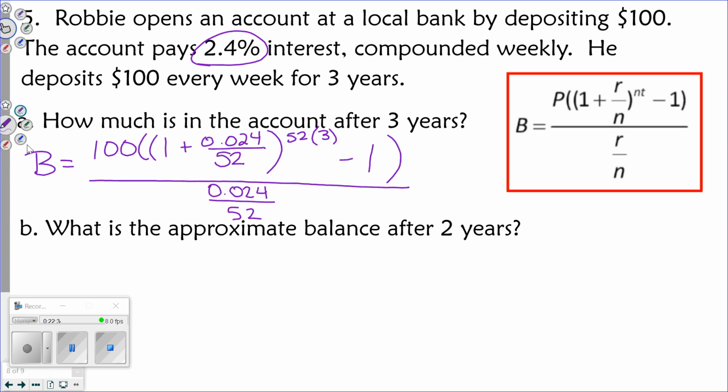So 100, 2 parentheses, 1 plus fraction, 0.024 over 52, exponent 52 times 3, minus 1. On the bottom, another fraction.